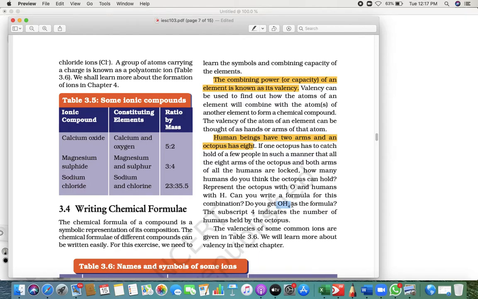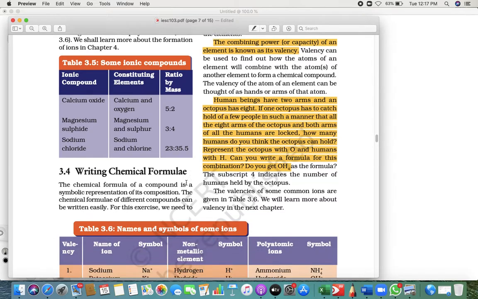OH4 means, clearly, because humans, as I said, how many humans can it accept? 4, catch 4. And how many octopus are there? 1. So that is the reason we can write down OH4, right? So understand this, very beautifully explained, that this is how the formula has been prepared.